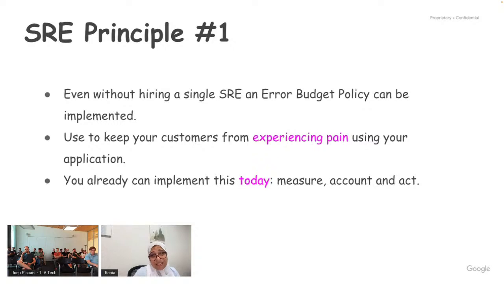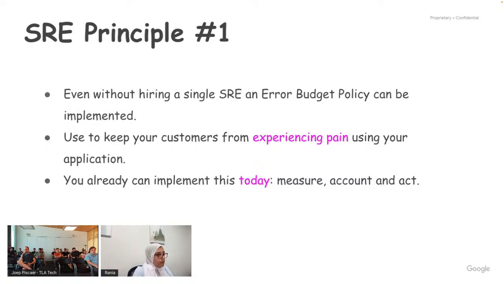Also, it's definitely going to keep customers from getting a painful experience, and it's going to help you implement the next principle, which is making tomorrow better based on what you have today, because everybody has metrics and measurements.